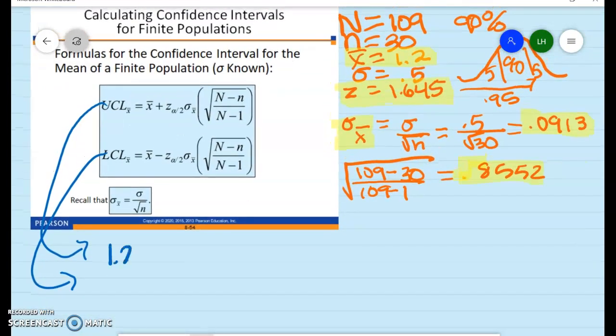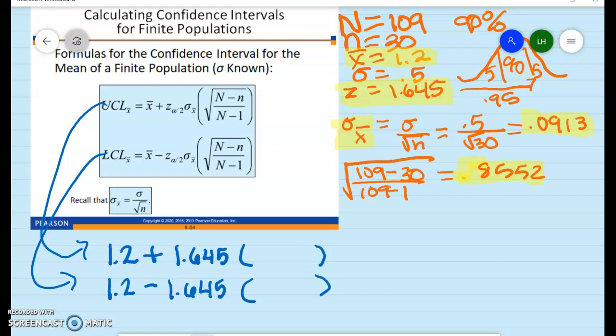So 1.2 plus and 1.2 minus Z, which is 1.645, and then the standard error of the mean we calculated as 0.0913, and then the population correction factor.